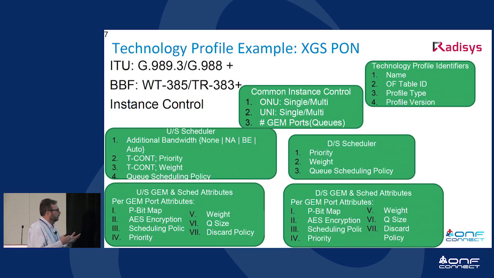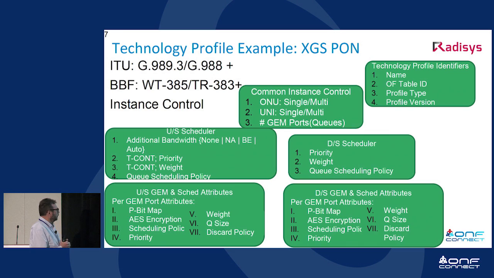Normally I can imply what kind of additional bandwidth the service needs from the parameters, but I could say I have either no additional bandwidth for this service, or non-assured, or best effort. Auto just means I'm going to use what's implied from the service definition.